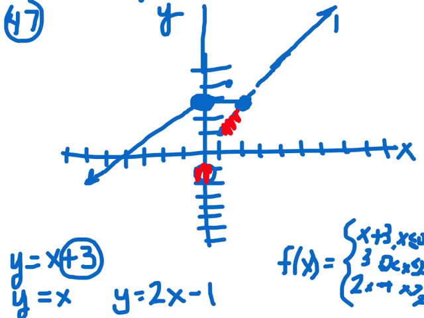It's a lot easier on paper if you're using a pencil to do this and then erase the pieces you don't need. A lot of times you'll have graphs that look like this.